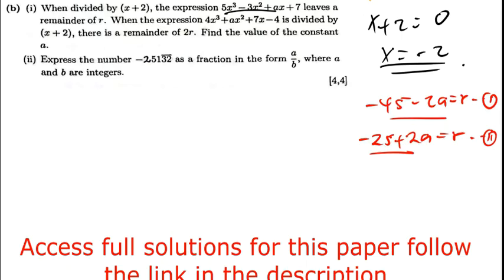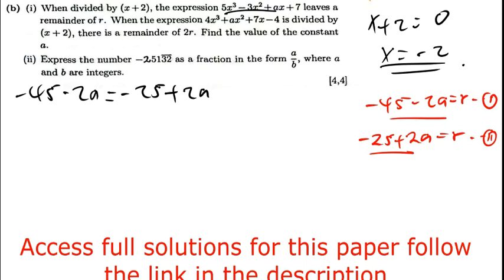So I'm going to say negative 45 minus 2a is equal to, I'll equate it to negative 25 plus 2a, like that. Okay, have we done the right thing?